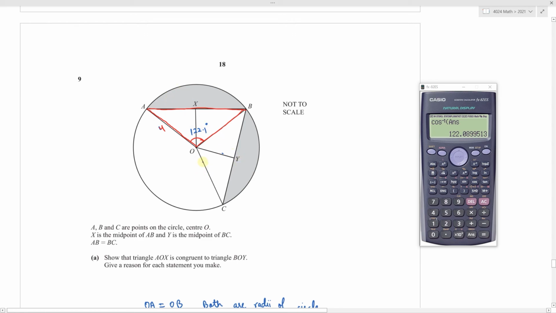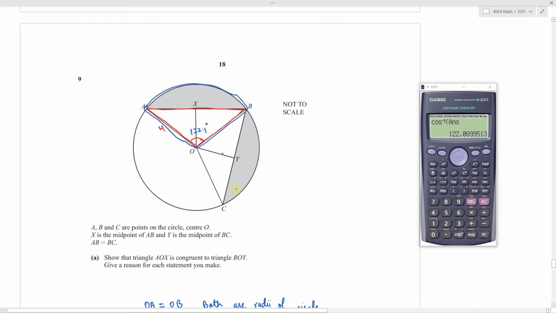So I can find the area of this sector ABO and then subtract the area of this inner red triangle AOB. This will give me the remaining area in the sector, which is this shaded region. And then I can multiply it by 2 to get the other area.